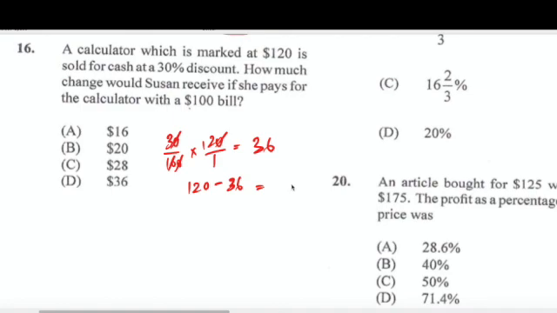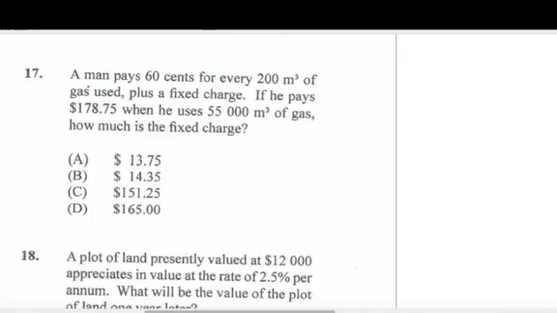So that will give me 120 minus 30 is 90, minus another 6 is 84. And so therefore, if she pays with $100, 100 minus the 84 will give me $16 change. Okay, so number 17.